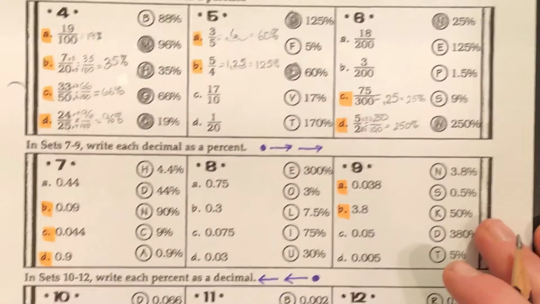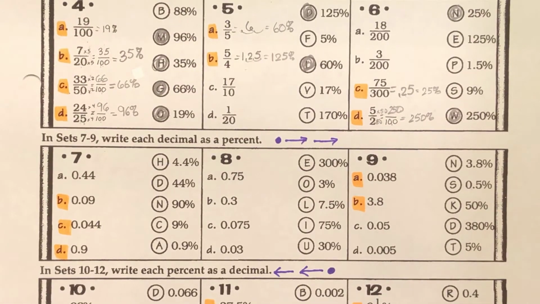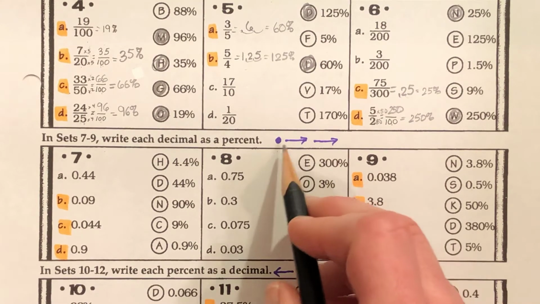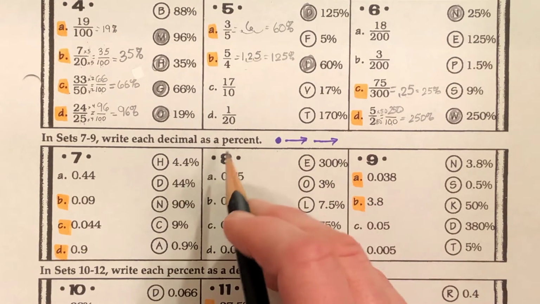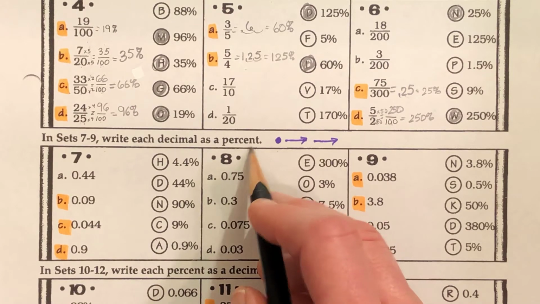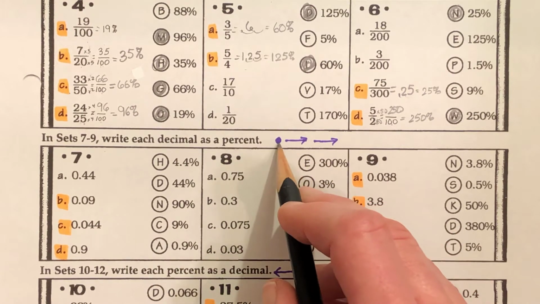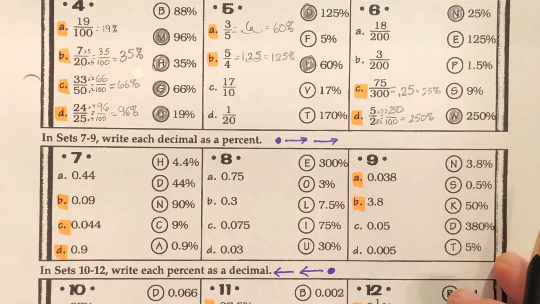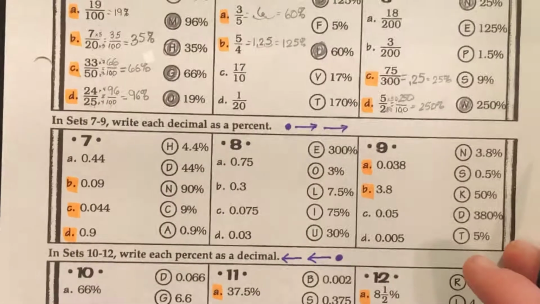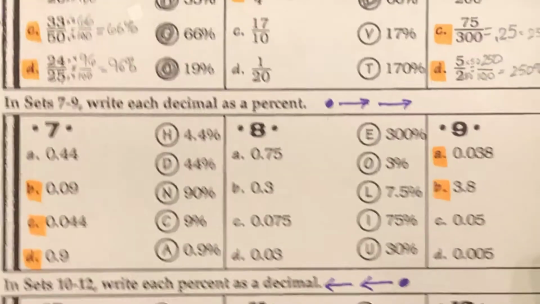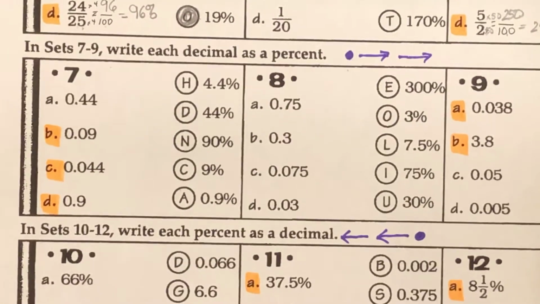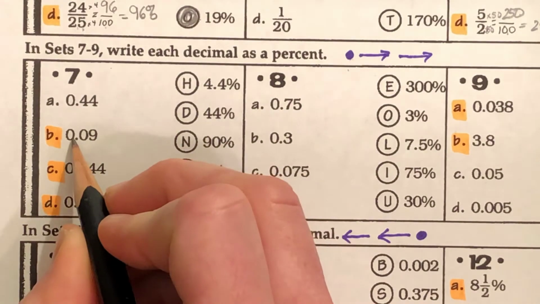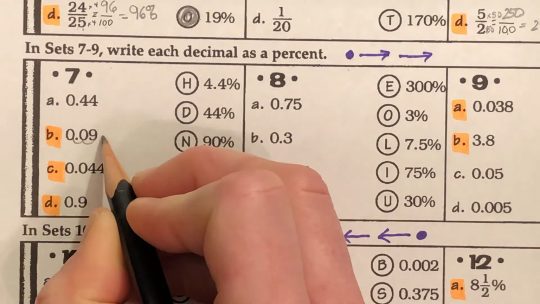The next row, we are changing decimals into percents. And look what I did. You move the decimal 2 places to the right. Because you're multiplying by 100 per 100, you multiply by 100. So that means you move the decimal to the right 2 places. We'll do parts of 7 and 9 together. Number 7, remember 2 places to the right, which gives us 9%.